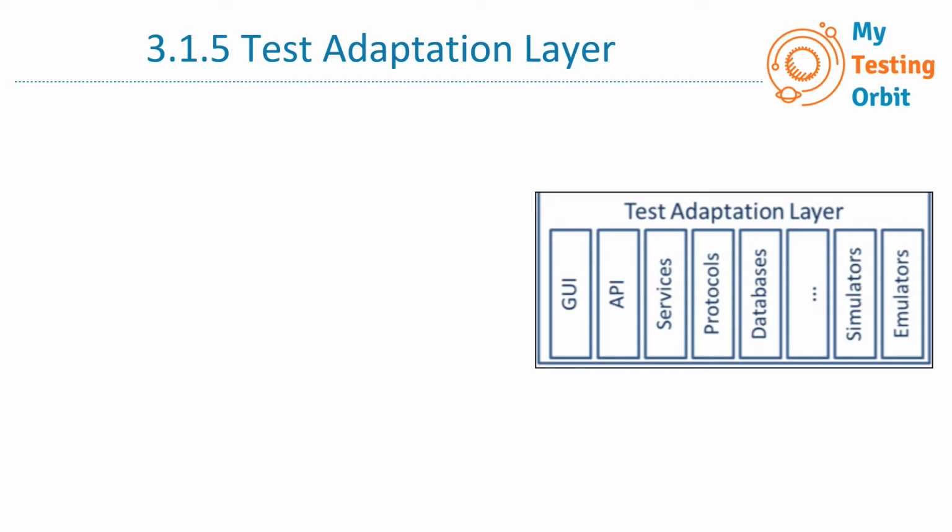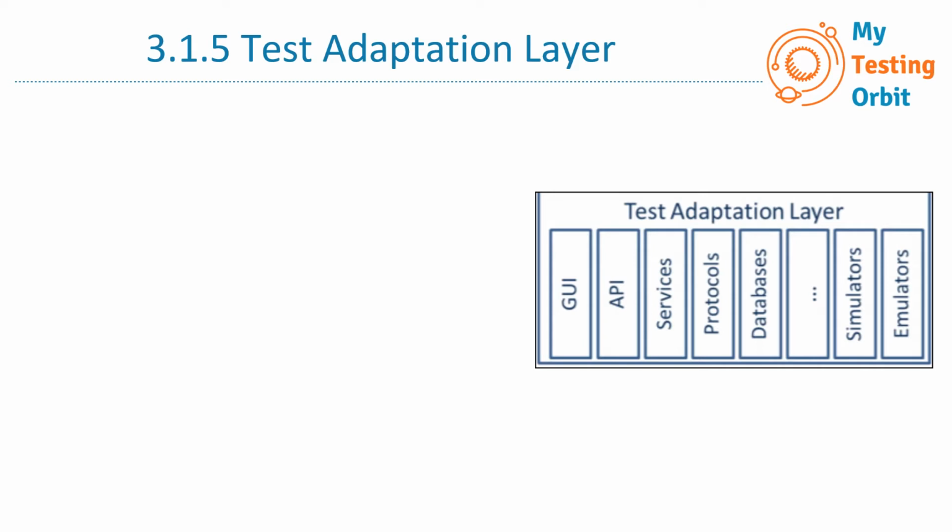These adapters are sometimes built into devices, and sometimes they can be used externally. For example, there are adapters in mobile phones, servers, etc. And that's the role the test adaptation layer plays within the test automation architecture. So we can also say that it is the interface layer to an application, a specific component, or a system.